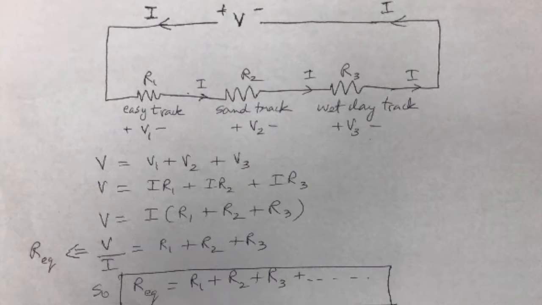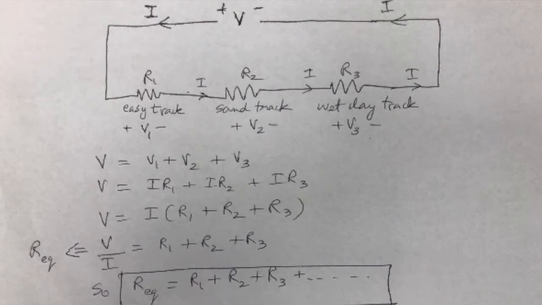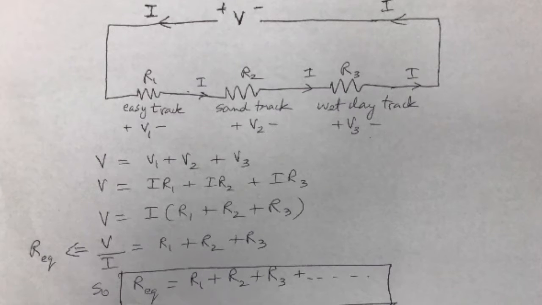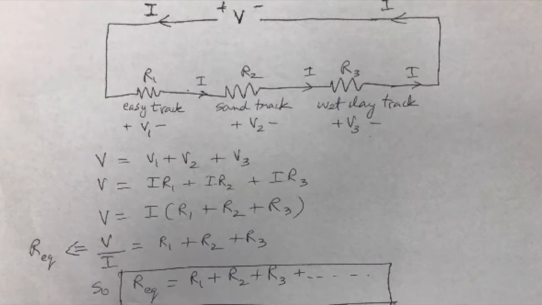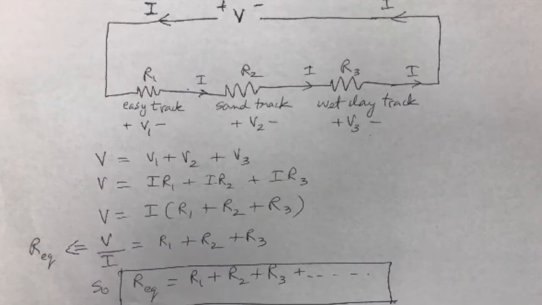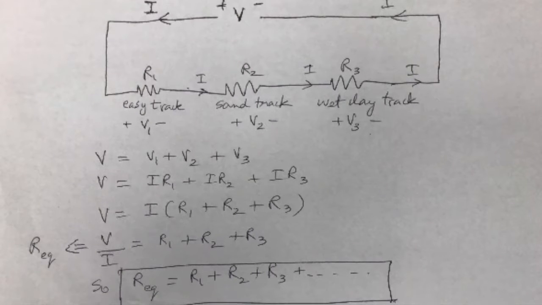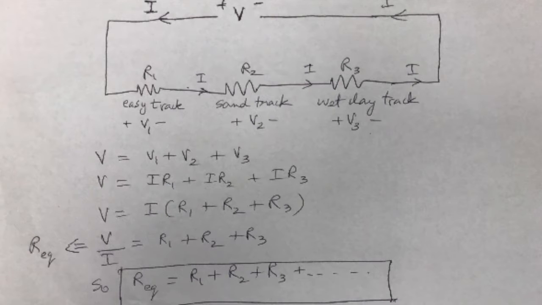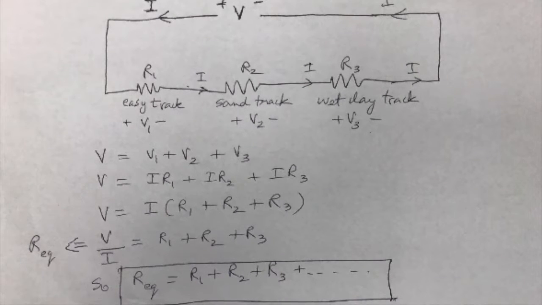So the energy that is lost depends on the resistance. That is Ohm's law. V is proportional to R. For the same current, V and R will go together. V is proportional to R. In other words, when you're told to run, you won't run through this easy track putting in 100% of your energy, will you?